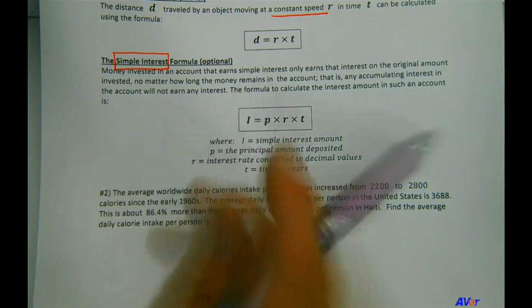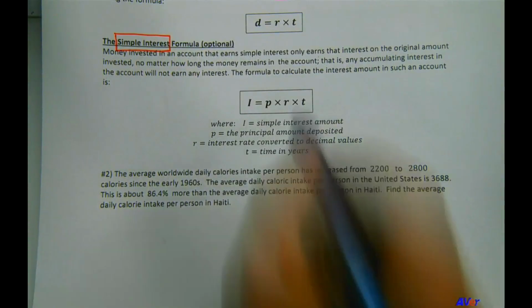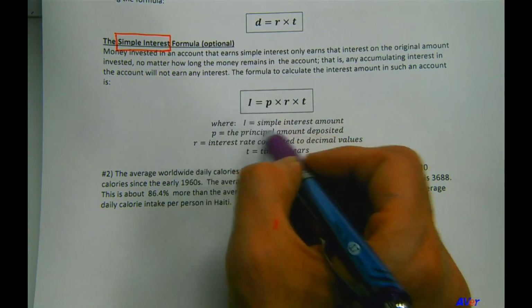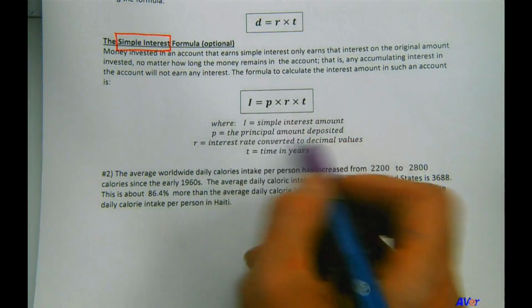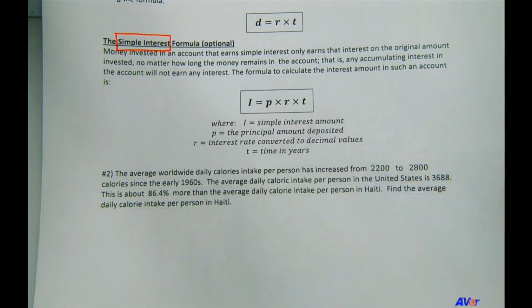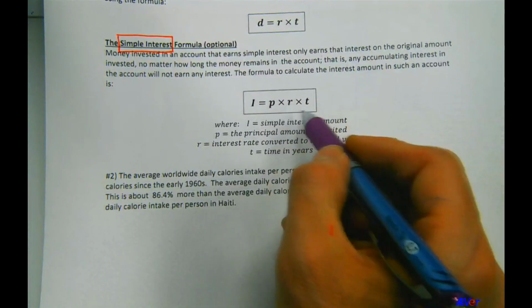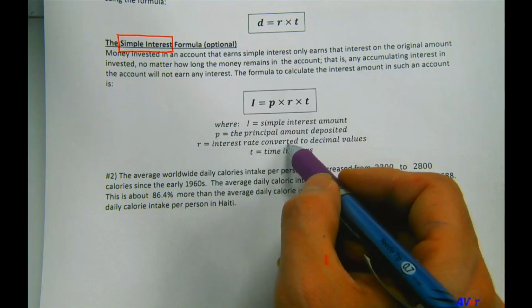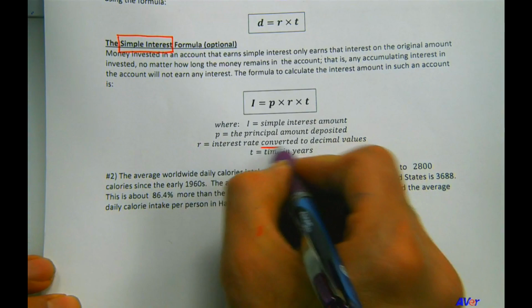And for such an account, that's the formula. So the principal, so I stands for interest, simple interest. P stands for the principal amount deposited, which is $1,000 in this example that I gave. R is the annualized interest rate converted to decimal values. This is very important. Converted to decimal values.